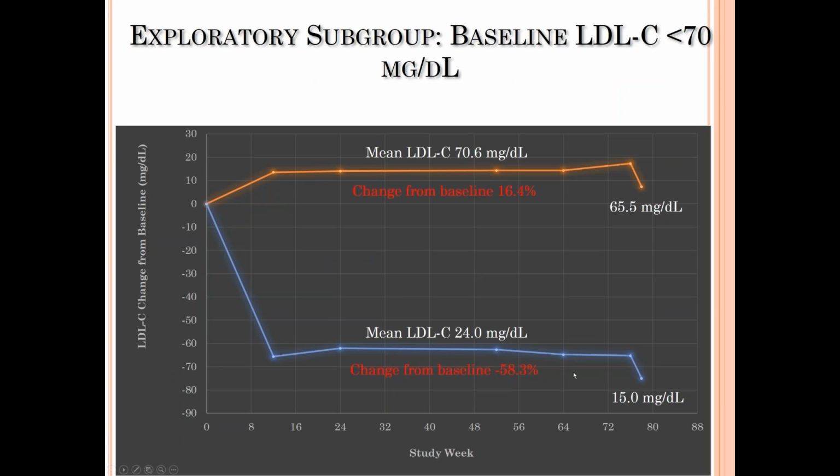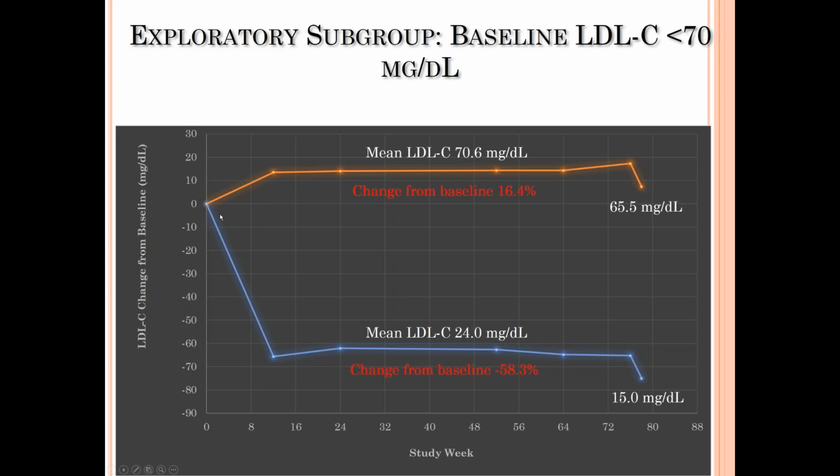Looking at patients that were already at a baseline LDL of 70, patients in the statin group didn't really change. It actually went up 16% versus close to a 60% reduction with a mean LDL of 24.